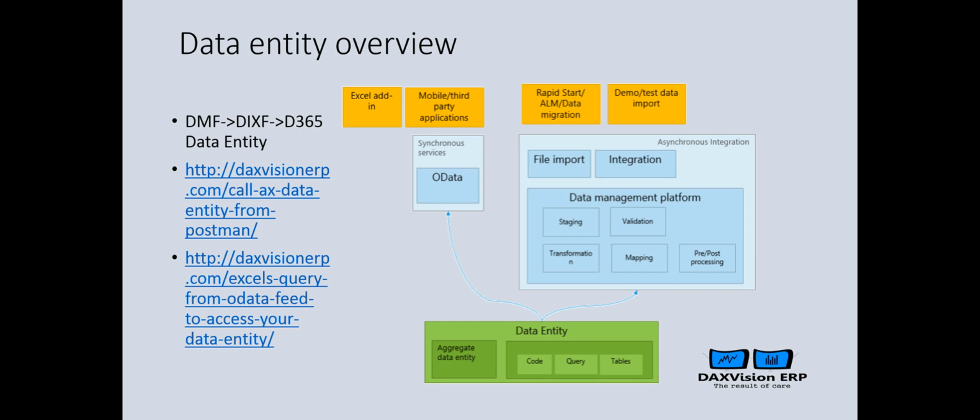If you look at this diagram, you can see that you can communicate to data entities in two ways, through OData or through the data management platform. Through OData, you can use Excel, you can use external tools like Postman, you can use a browser.